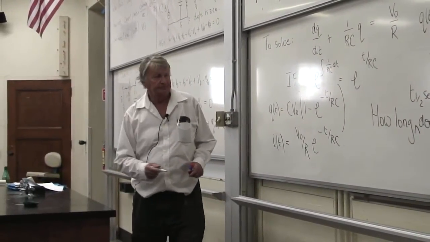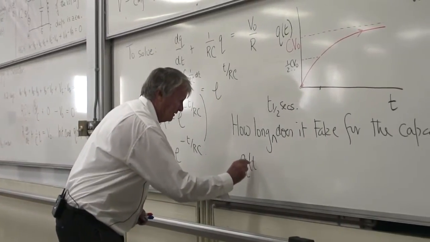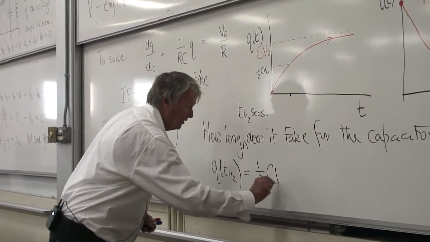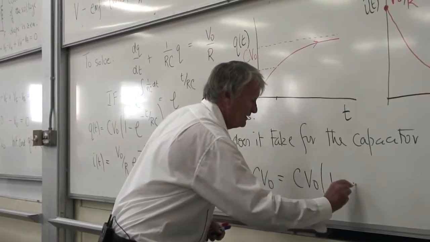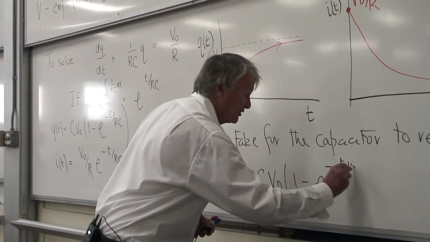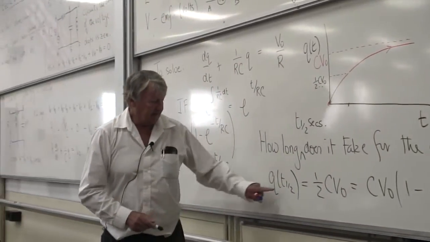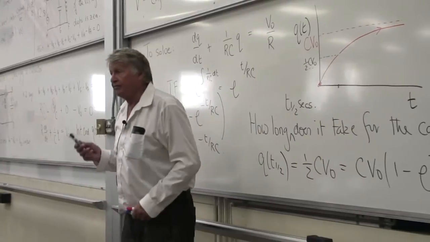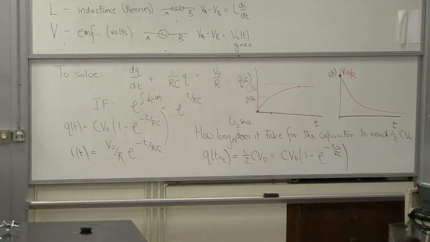I want Q at t sub half to be half CV0, and that's equal to CV0 times 1 minus e to the minus t sub half over RC. See, this is how Q depends on t. I want to know the value of t, which I'm calling t sub half, at which I get halfway.